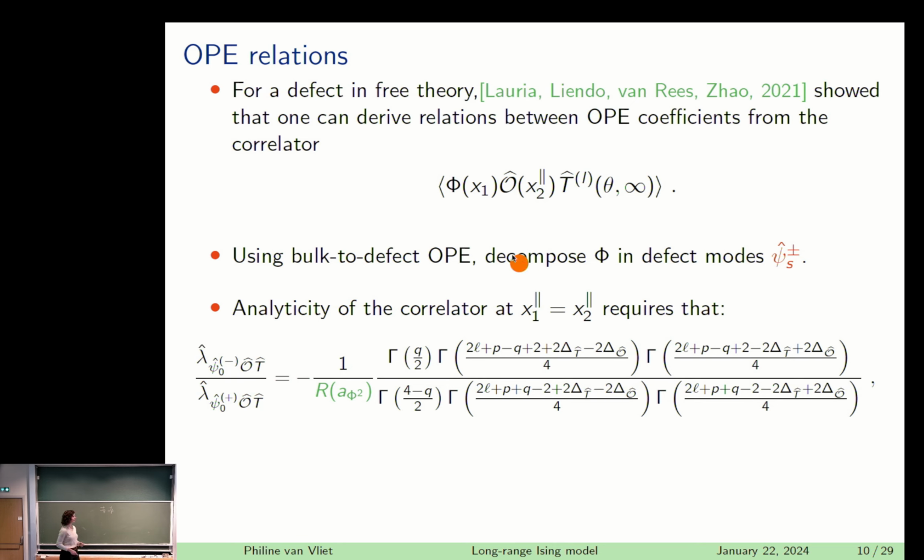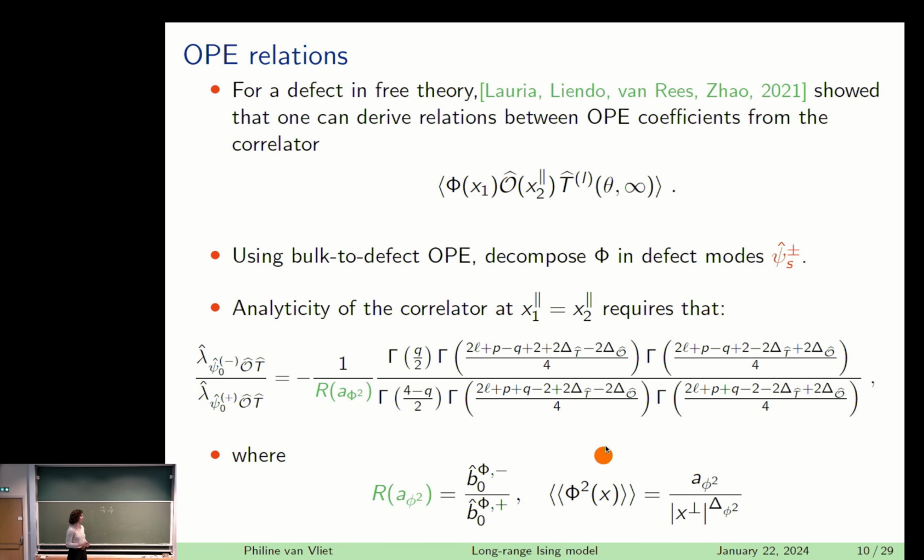We see that it depends on, of course, the dimension of the defect, the codimension, and the conformal dimensions of the two external operators, but also on this ratio R, A phi squared, that is given by the bulk to defect OPE coefficients. And here A phi squared is exactly the 1-point function coefficient of phi squared.